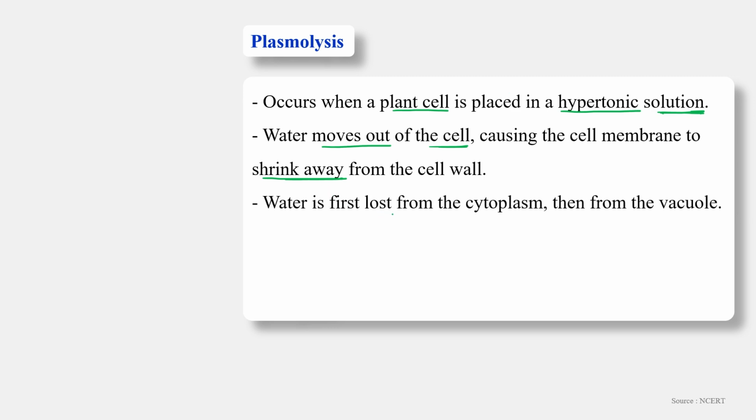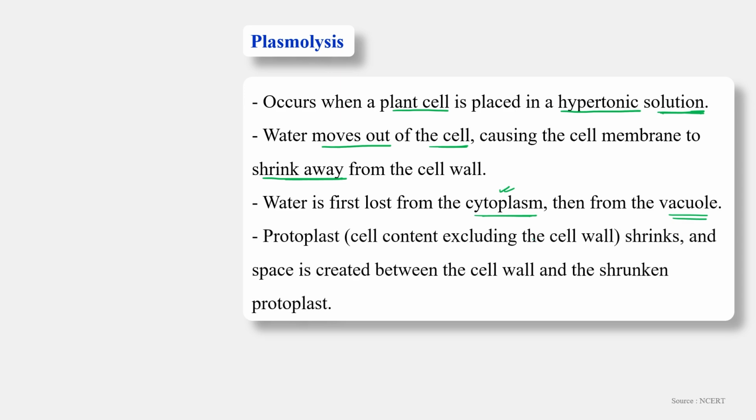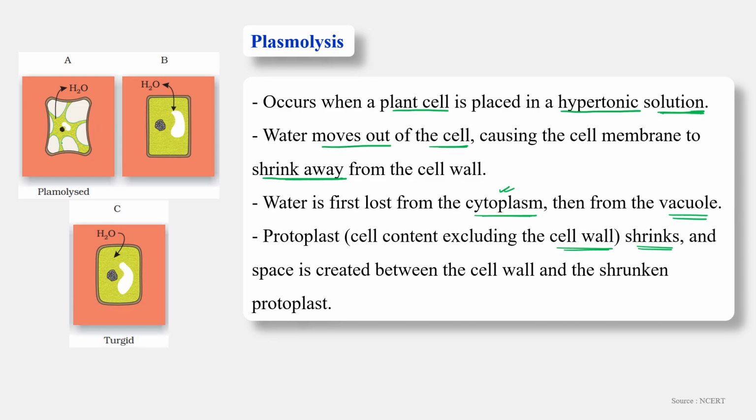Initially water is lost from the cytoplasm of the plant cell and then from the vacuole also. Okay, and protoplast means all the content except the cell wall. This protoplast shrinks, and space is created between the cell wall and the shrunken protoplasm, as you can see over here.